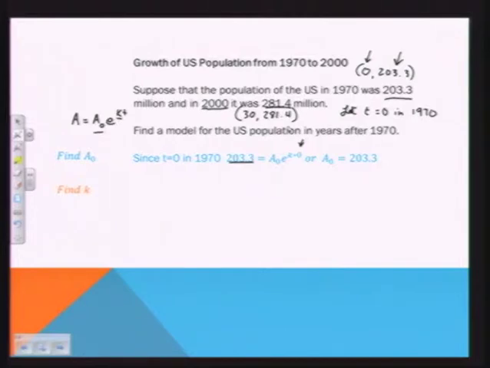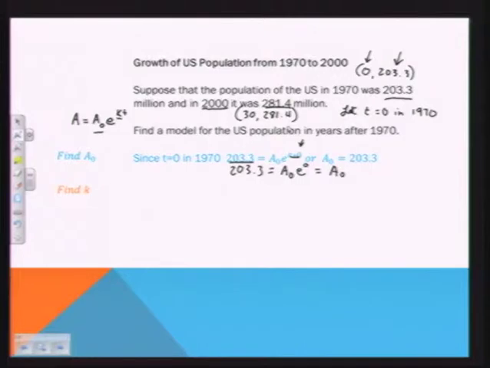And now, if we do that, we will get that 203.3 equals A sub 0 e to the k times 0, which is 0. But remember, e to the 0 is simply 1.